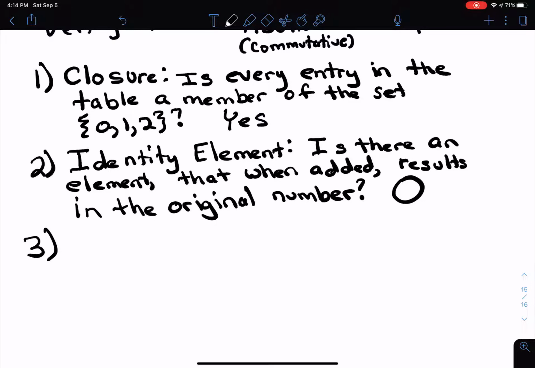Number 3, inverse element. When you look at the table, does every element have an inverse?